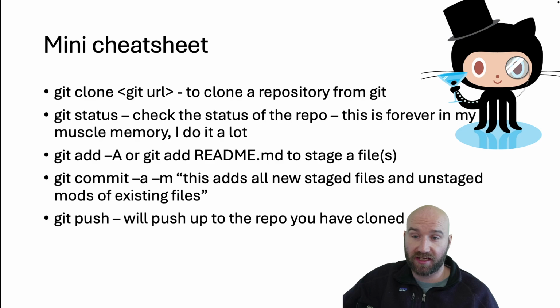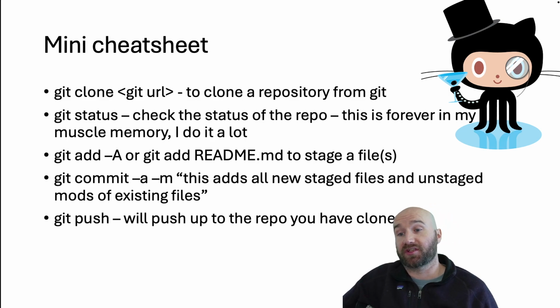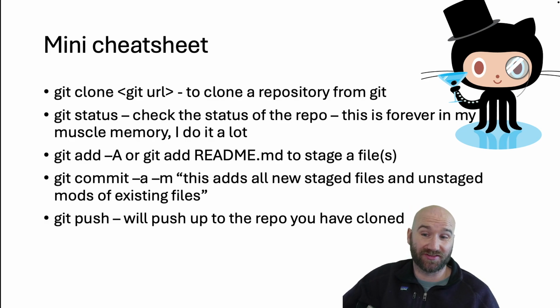Git add -a or git add readme to add a specific file. -a will just add everything that's been changed, or new files will just all be added to be committed. Git commit -a -m adds all new staged files and unstaged modifications to existing files. That's a bit of a chunk. It'll kind of make sense when you use it a bit more. And of course, change your message from that. I was just trying to be clever in putting the lesson into the message, but I probably confused you more. And then git push will just push everything up to the repo you've cloned.